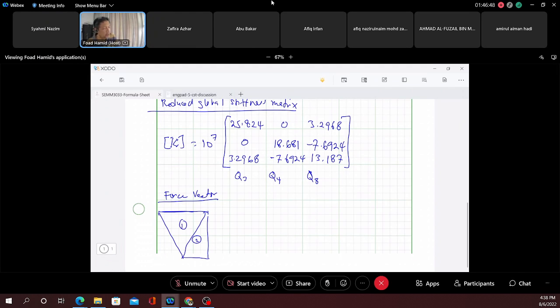Is there any load at element number 1? None, right? So if you look at element number 2, we know that there's a uniform load, and at the same time, we also have our concentrated load. So this is 2 kilonewton per meter square.